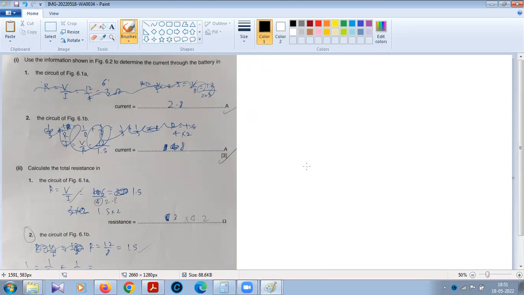I don't get how the total resistance is 1.5. Calculate the total resistance of the circuit. I got 0.75. How is it 1.5?